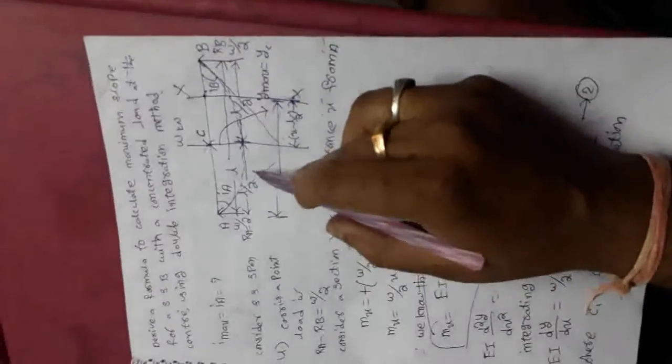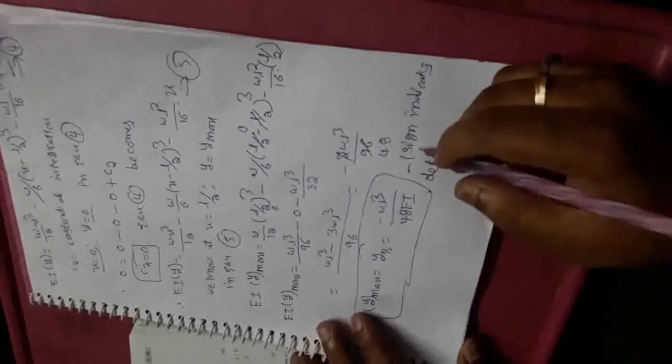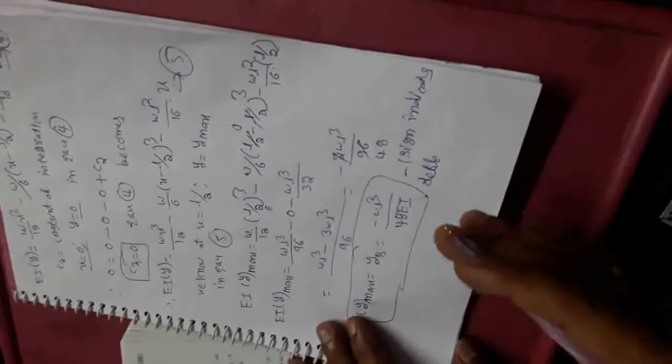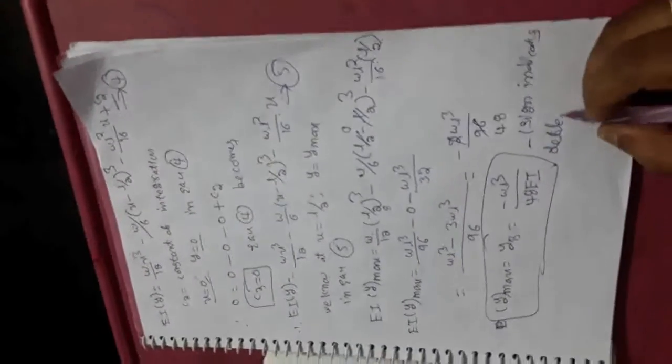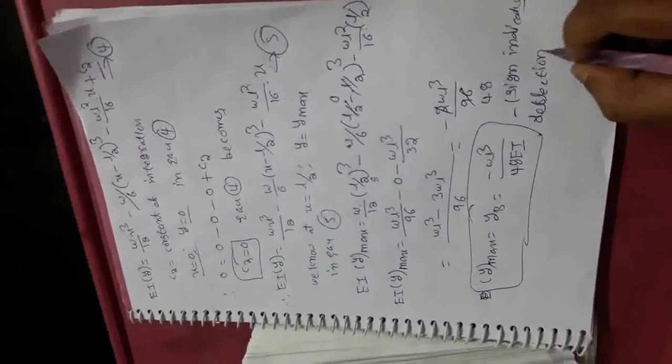Because in this beam the deflection is downwards, not upwards. The downward deflection is hogging deflection, not sagging deflection. Hogging deflection represents a negative sign, sagging deflection represents a positive sign. That's why here we get a negative sign, which indicates deflection is downwards.